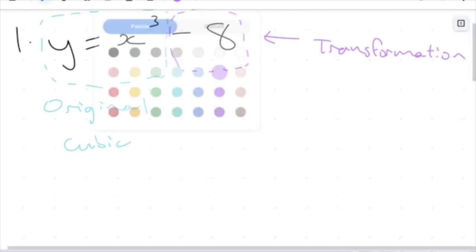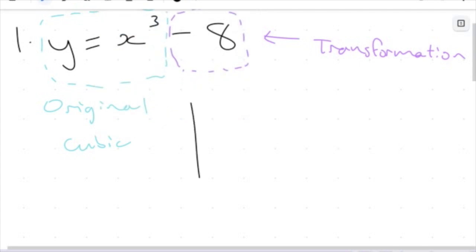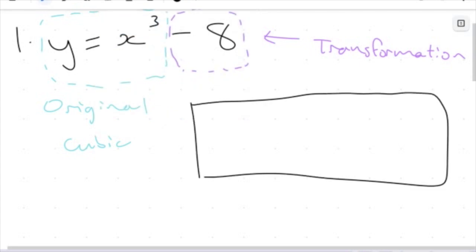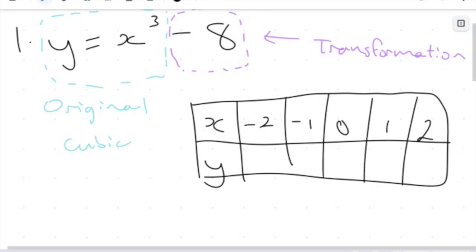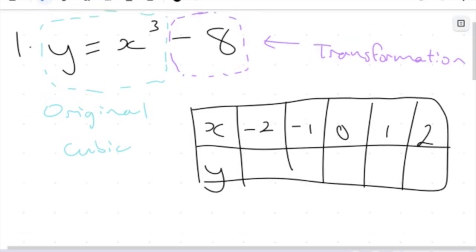Just for this one example, we're going to do a table of values again. So x, y, and I'm going to sketch in a couple of values here: -2, -1, 0, 1, and 2. Okay, so here I'm going to substitute in all of these values and then just have a look at what that's going to give us.